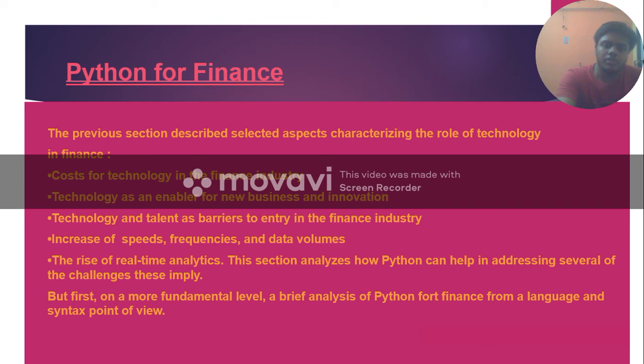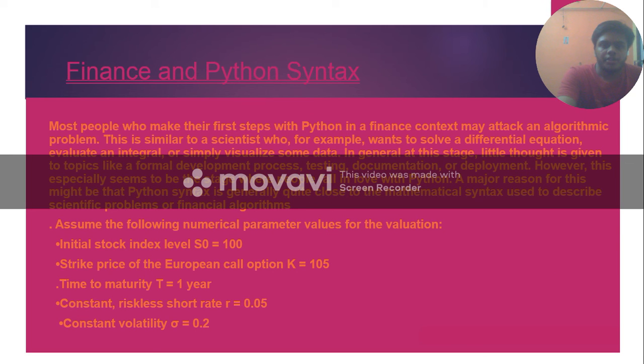But first, on a more fundamental level, is Python for finance from a language syntax point of view. So it is mainly related to the syntax, the grammar that we use, which is most important for writing any code in Python. The intention should also be good for Python and financial syntax.